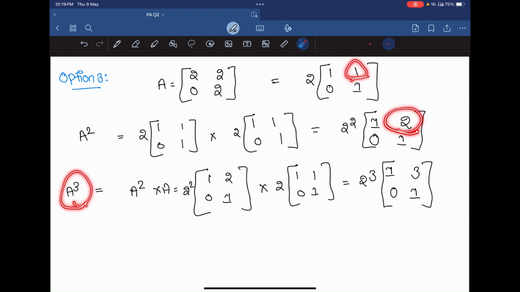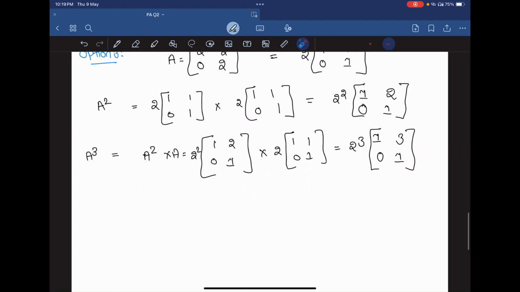And on the cube, this 2 will go to the power 3, and this one still remains the same, but this 2 now becomes 3. So we can analyze one pattern: for this matrix A, if we do it n times, then it should be like this: 2 power n times [1, n; 0, 1].